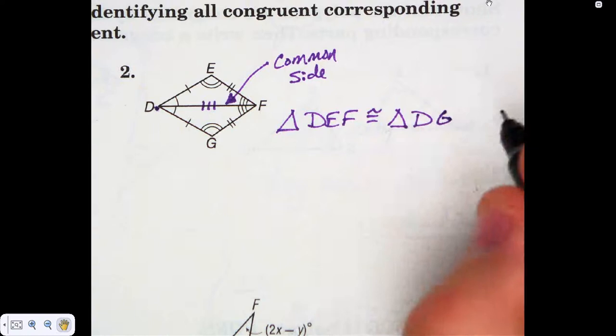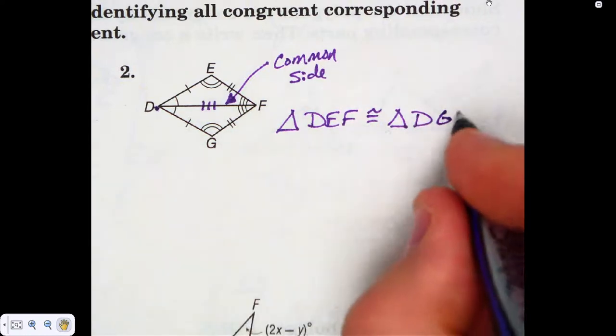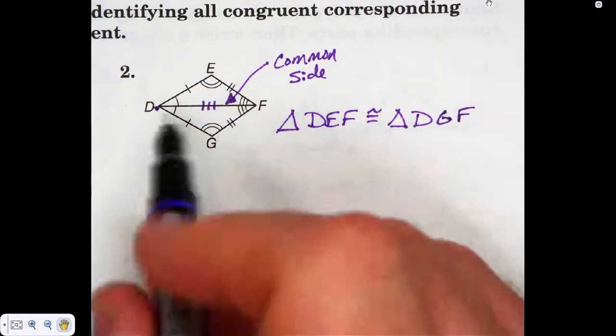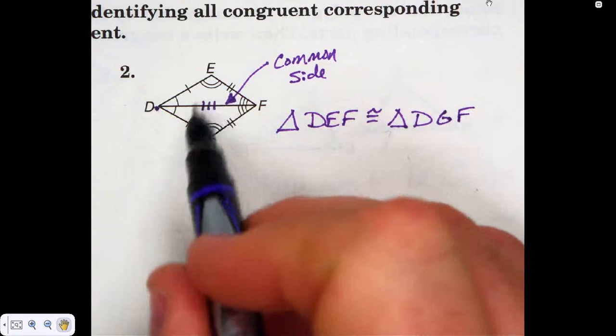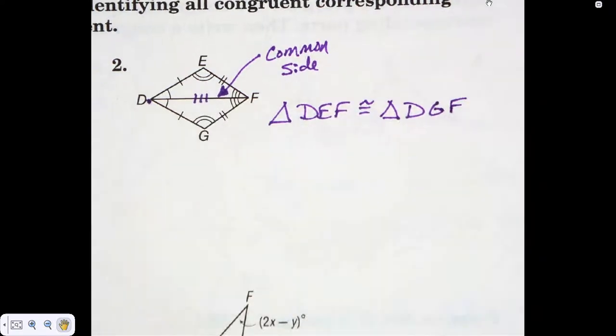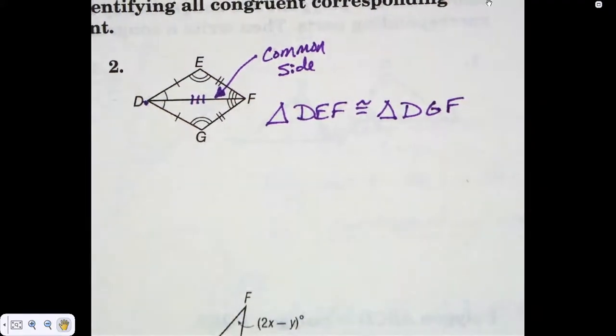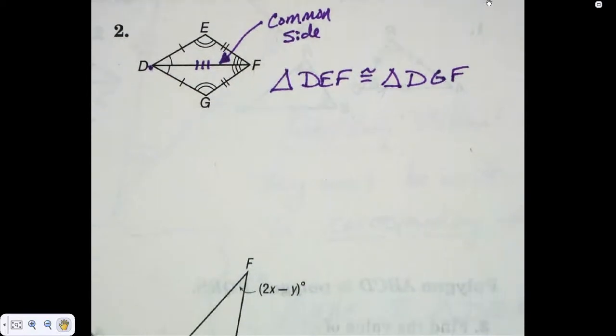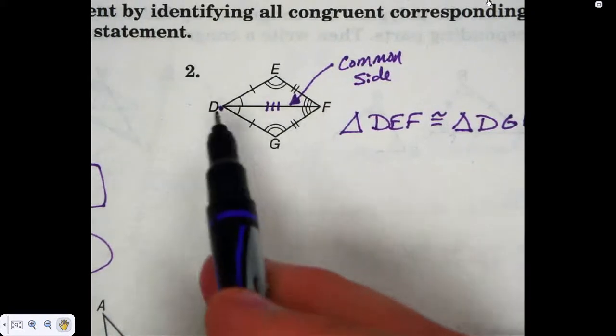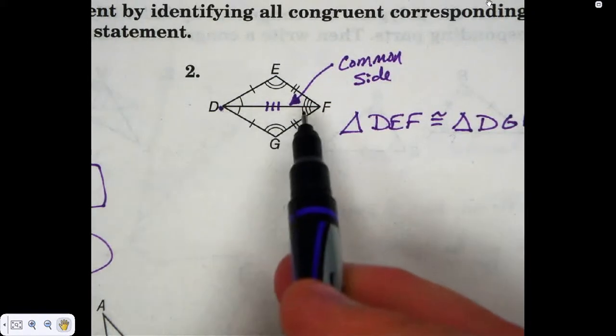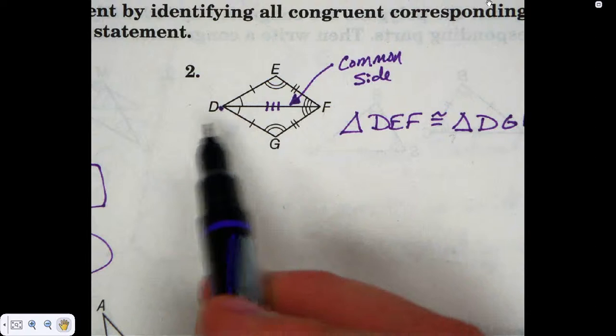G. And then what's next? F. Whenever you're confused, go by the marks, okay? When you have them written down. Any questions there? See, these are kind of tough as far as corresponding. Why? Does this angle really look different than that angle? Not much, huh?